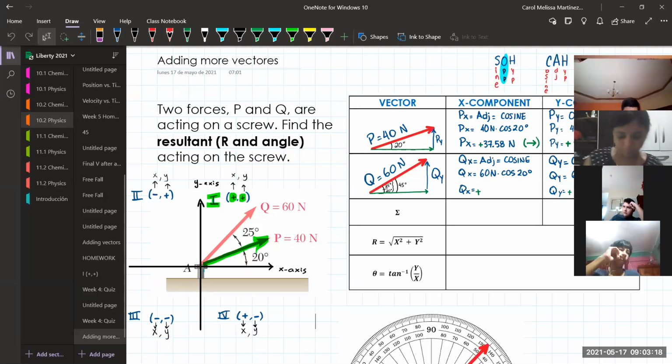How much is this? 56.38. And because it's positive, it's going to the right. Now what we do is we add the x and the y components individually.